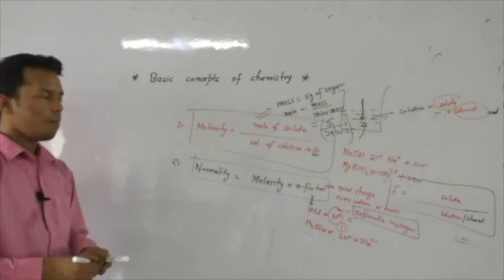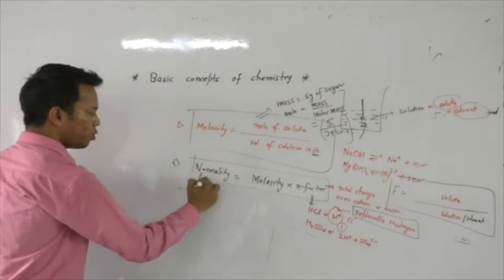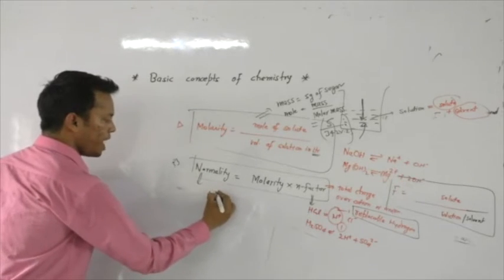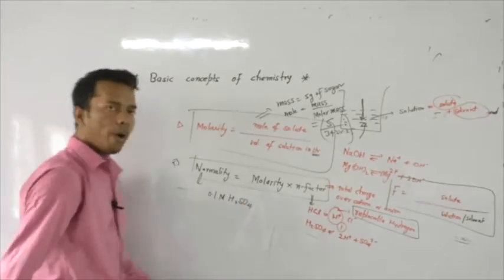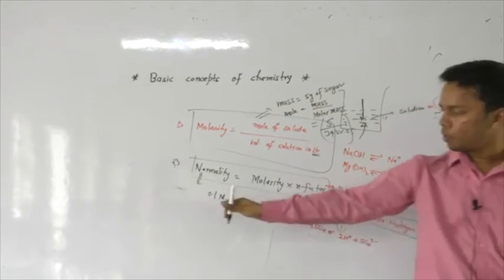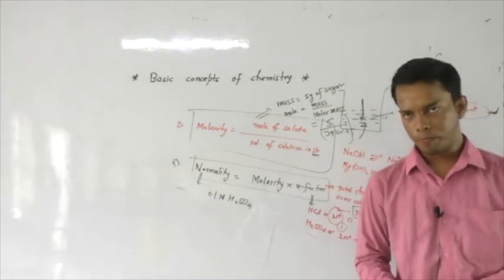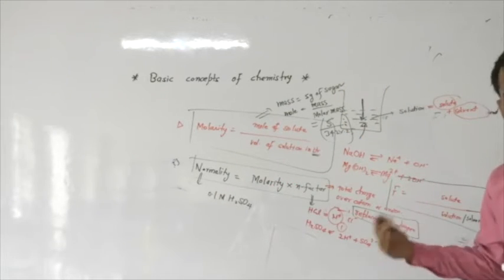Okay, now tell me, if you have to use this formula now, let's say 0.1 molar H2SO4 solution is given. What is H2SO4? You know, it is sulfuric acid. 0.1 molar H2SO4 is given, and someone is asking what is the normality?